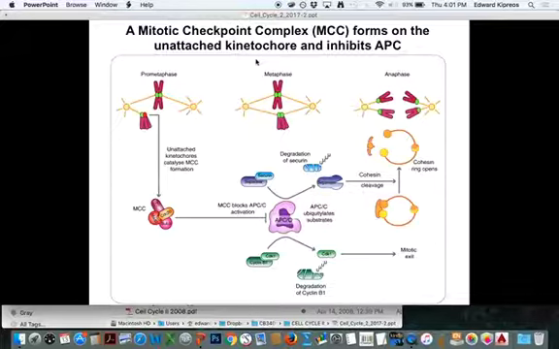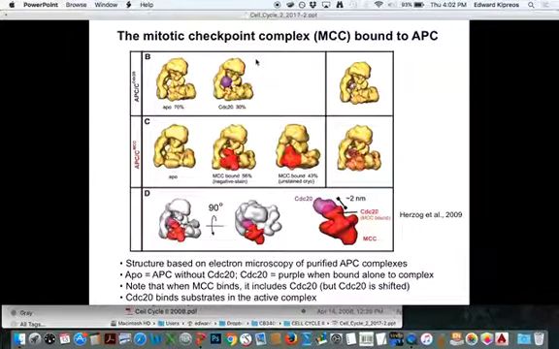What's sort of weird is that this MCC complex also contains a CDC20. So it's a different CDC20. There's a CDC20 here, but there's another CDC20 in this complex. I don't know why evolution did that, but it did. And in fact, the two CDC20s interact with each other. Here you have CDC20, but now it's being bound by this MCC complex. Like here they've color-coded it. There's the CDC20 in purple that's bound to APC, but then this is the CDC20 part of this complex.